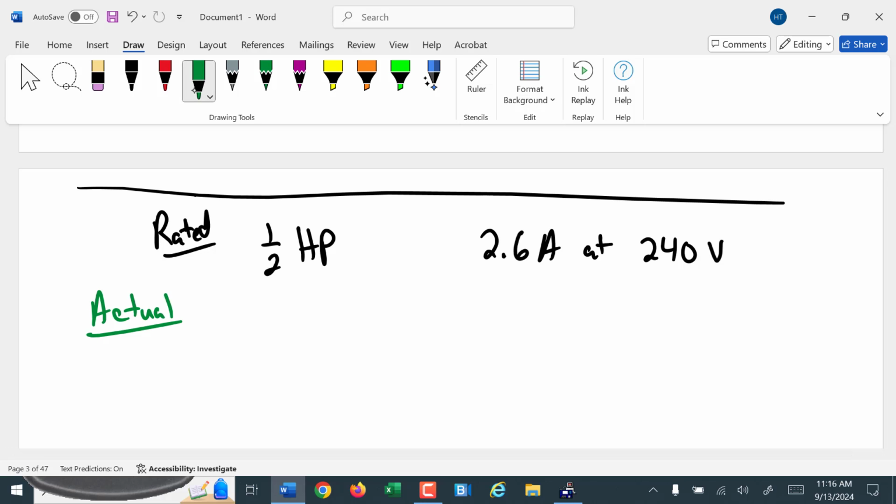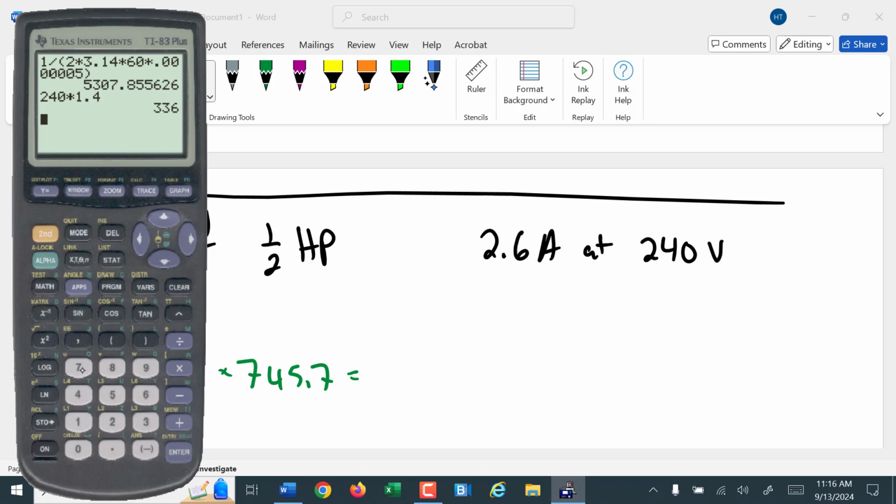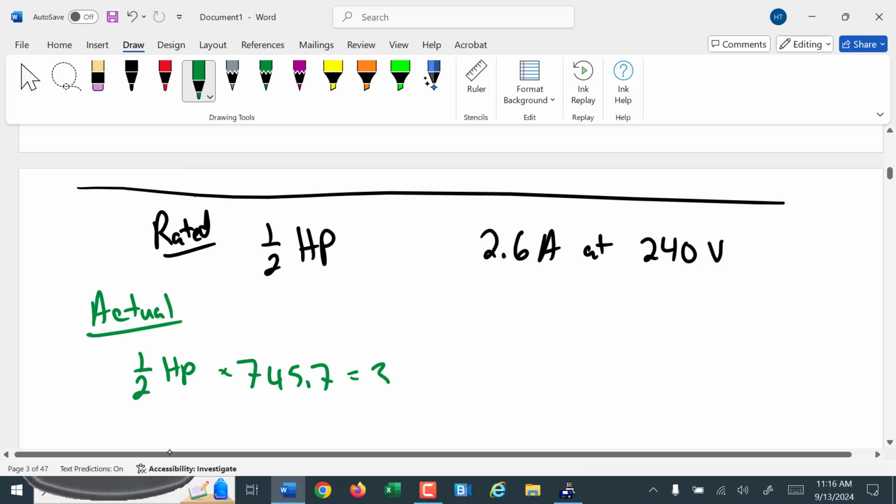That's just by converting the horsepower into watts. 1/2 horsepower times 745.7 gives us 372.85 watts. So that's the actual power that motor is capable of putting out, according to its rating.